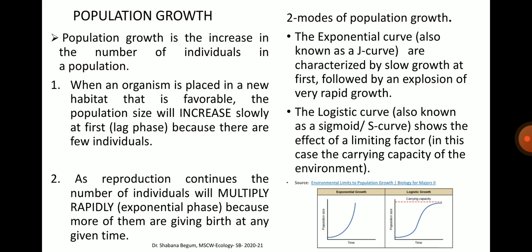The second one is the logistic curve, also known as the sigmoid or S curve, which shows the effect of a limiting factor. In this slide, the first graph represents the J curve, while the second one represents the S curve, that is the exponential growth and the logistic growth of population.